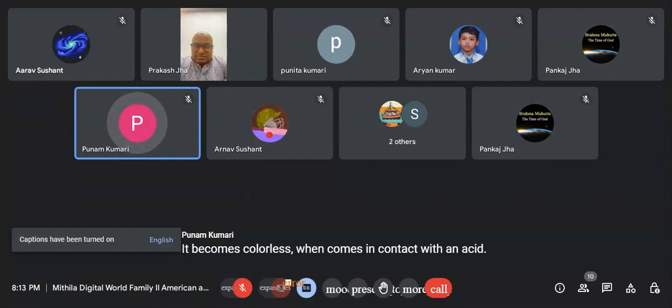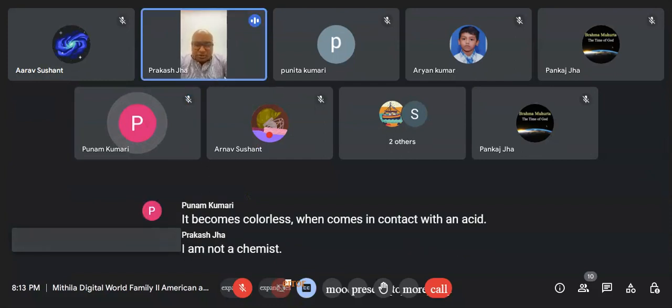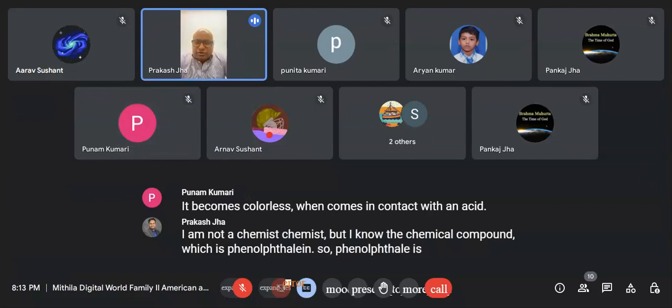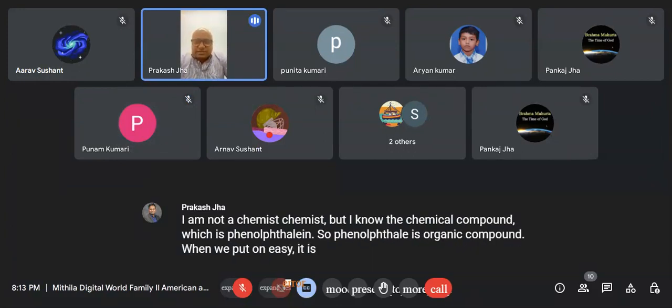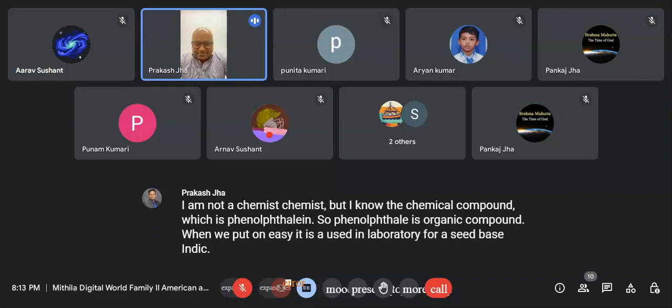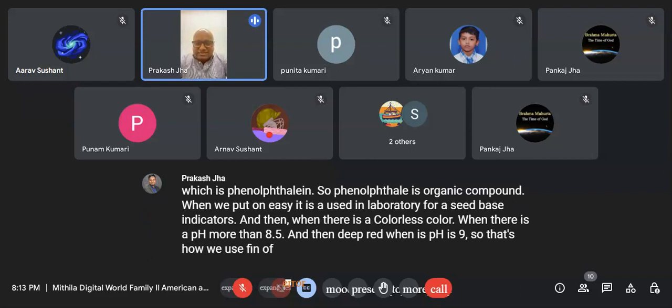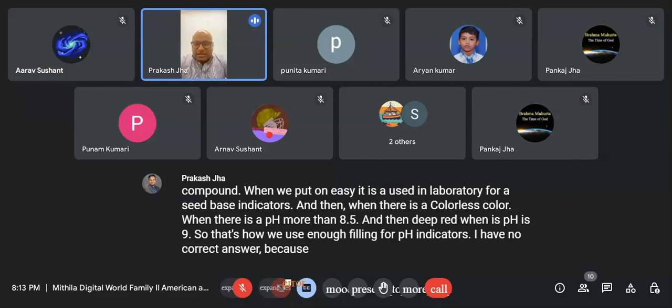I'm not a chemist, but I know the chemical compound, which is phenolphthalein. Phenolphthalein is an organic compound used in the laboratory as an acid-base indicator. It is colorless when the pH is below 8.5, and deep red when the pH is 9. That's how we use phenolphthalein as a pH indicator. I may not have the correct answer because I'm not a chemist.